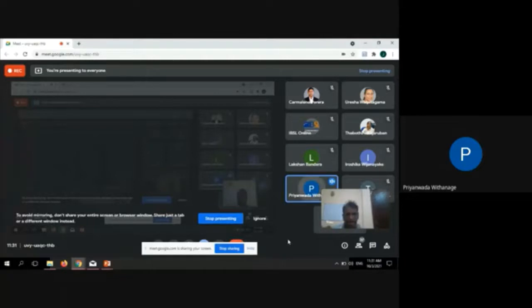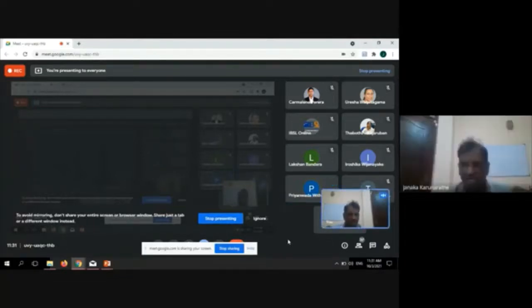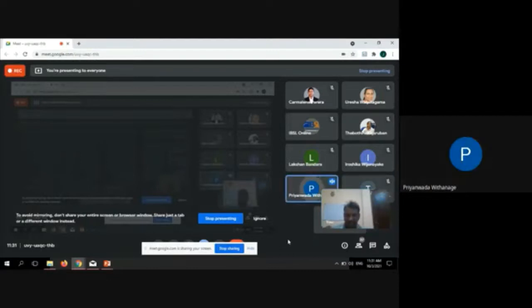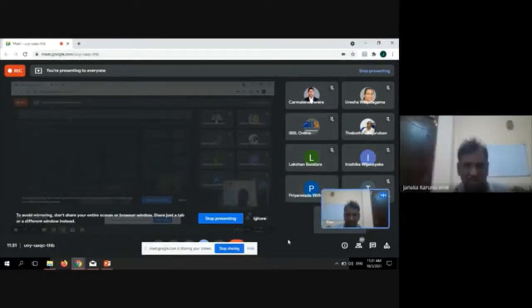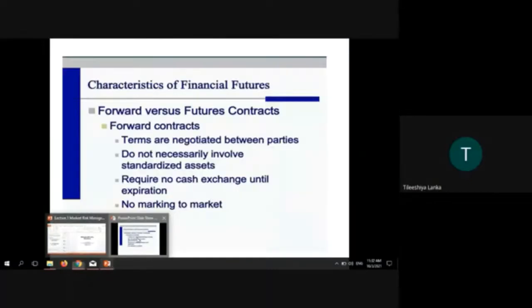There is an agreement in between. An agreement can be defaulted anytime, but how is it protected? Through an exchange house, the transaction is being made. Yes, the exchange house, as we learned previously.